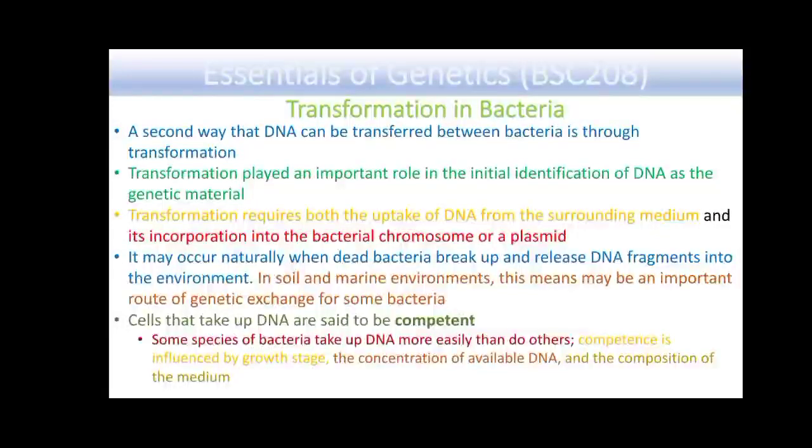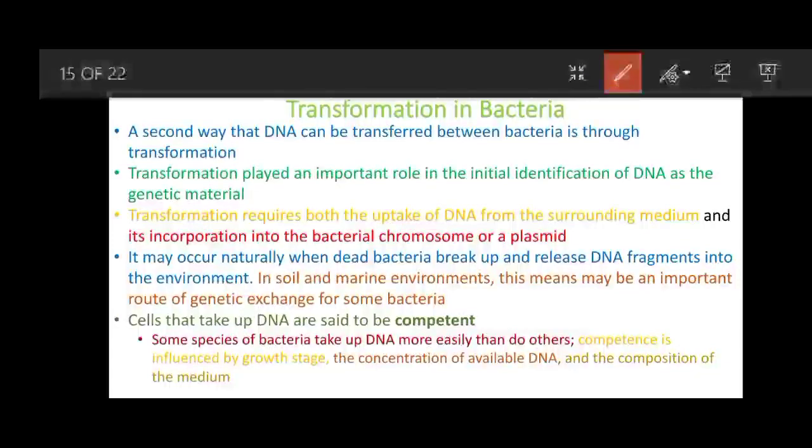It is through transformation. Transformation is actually the uptake of DNA from the medium of the bacterial cell. Transformation played an important role in the initial identification of DNA as the genetic material, and transformation requires both the uptake of DNA from the surrounding medium and its incorporation into the bacterial chromosome or plasmid.